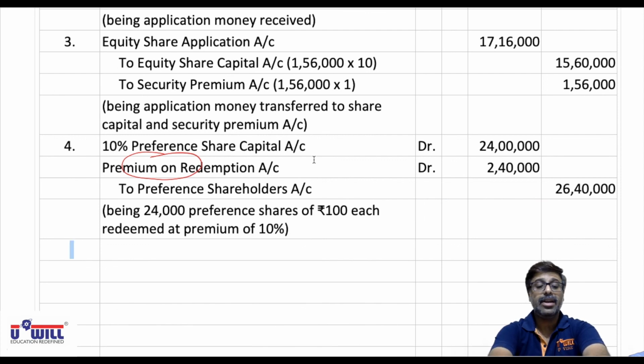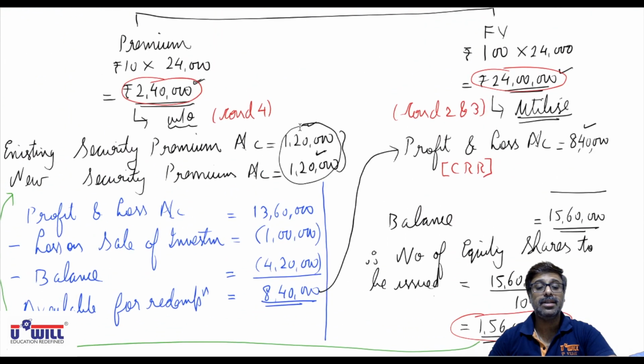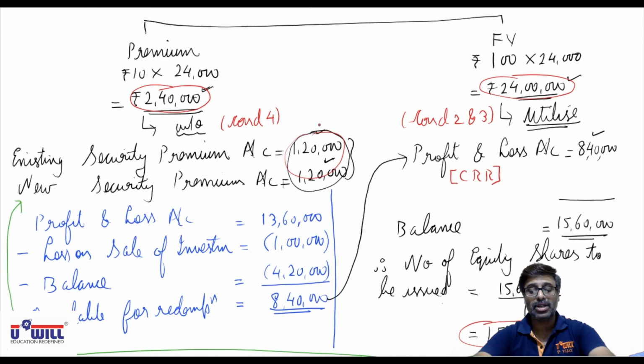Now fifth entry, after redemption of preference shares, we'll write off the premium. So the entire 2,40,000 of premium on redemption we have to write off from securities premium account, as we have seen. After the new issue of shares at premium, we have sufficient balance now.